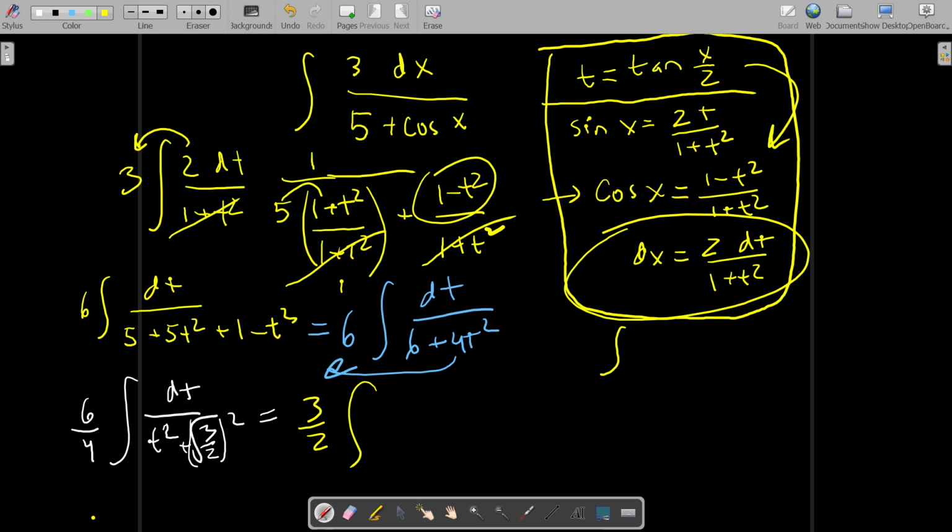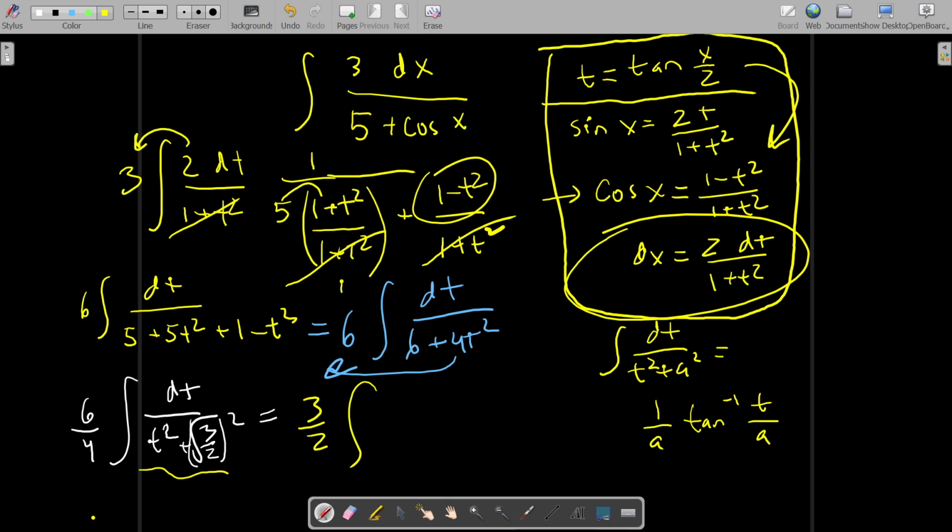The integral of 1 over t squared plus a squared, it's a common formula. This integral is equal to 1 over a tan inverse of t over a. You'll notice that here we have the integral in that form. It's just that our a is square root of 3 over 2.